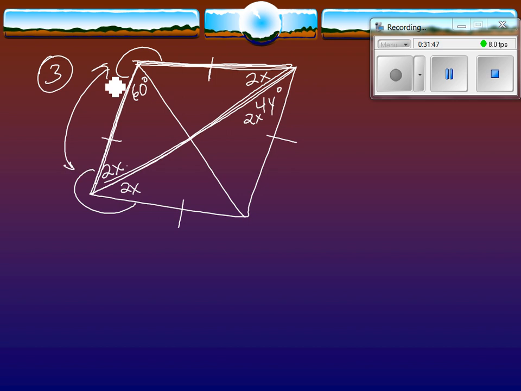So, let's see if we have enough here, because we need to know this angle also, which we really don't know yet. Trying to think what else we could know here. So if we knew this part right here, we could set up that equation.